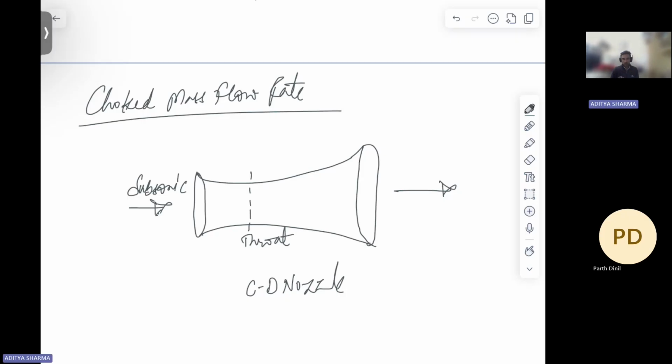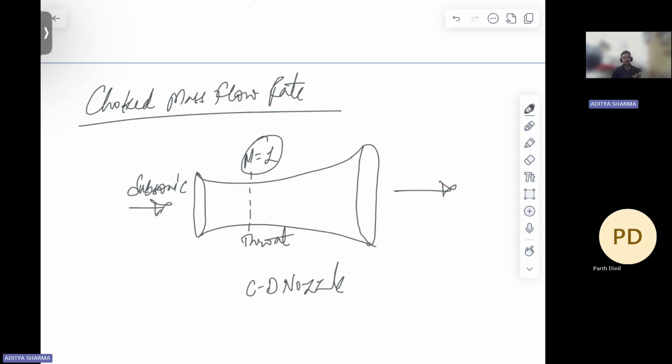So at the throat, the maximum velocity that the flow can achieve is Mach equals 1. Beyond this, Mach does not go. Beyond this Mach, the flow doesn't accelerate at the throat.